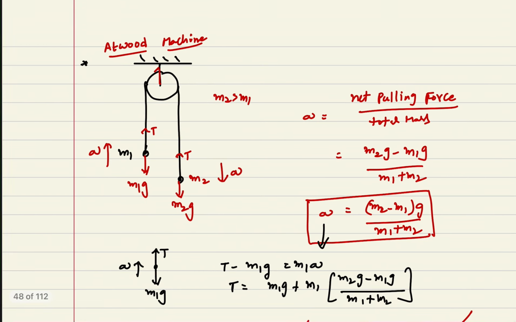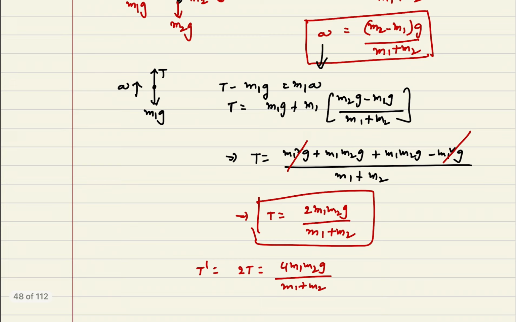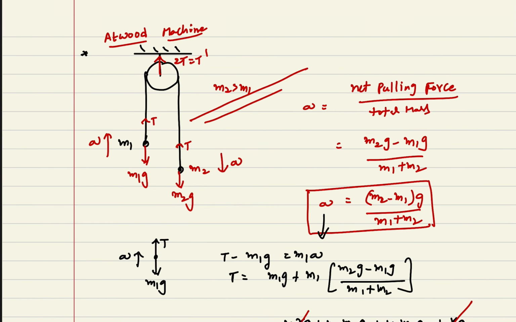Suppose they ask what is the tension in the support. I can write it as T dash equal to 2 into T, that value is 4 m1 m2 g divided by (m1 plus m2). Now whenever the pulley system is given, the same pulley system we can replace like this: a string connected to a new mass, that mass can be written as 4 m1 m2 divided by (m1 plus m2).